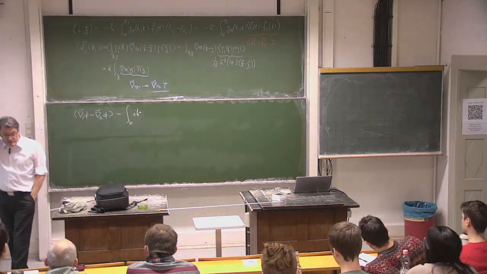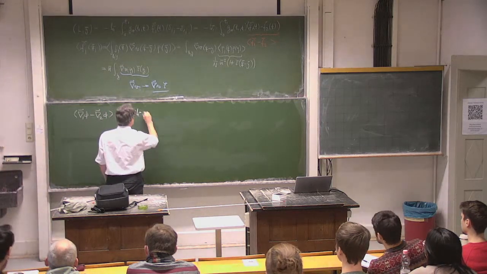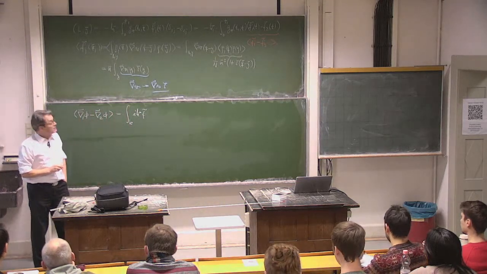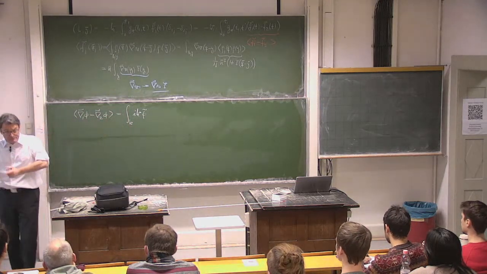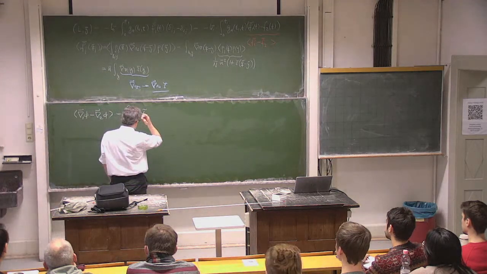So the gradient is just an ik. Then I will have the Fourier transform of the potential. And for the potential, we'll insert the probability weight potential as upstairs.